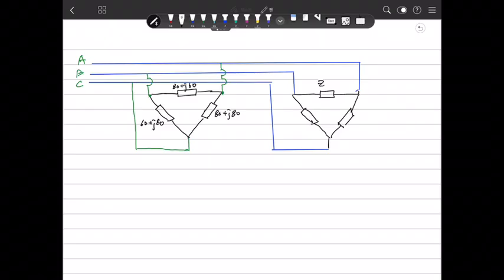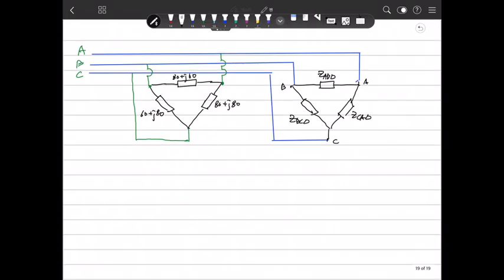So we define this as GAB delta, because this is A, this is B, and this is C. So this is GCA delta, and this is GBC delta.